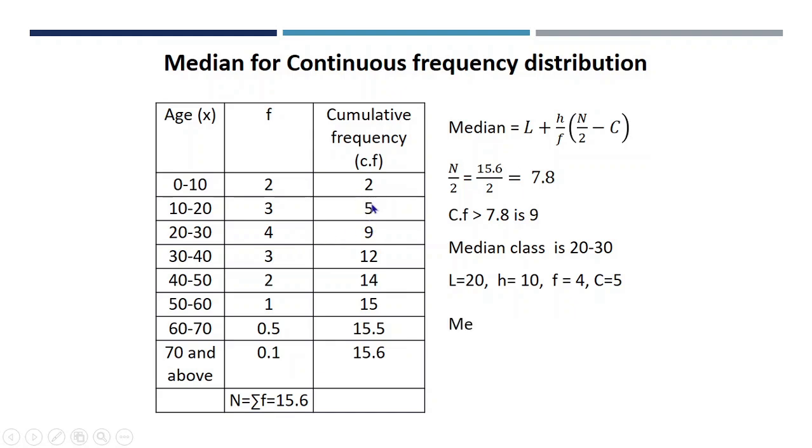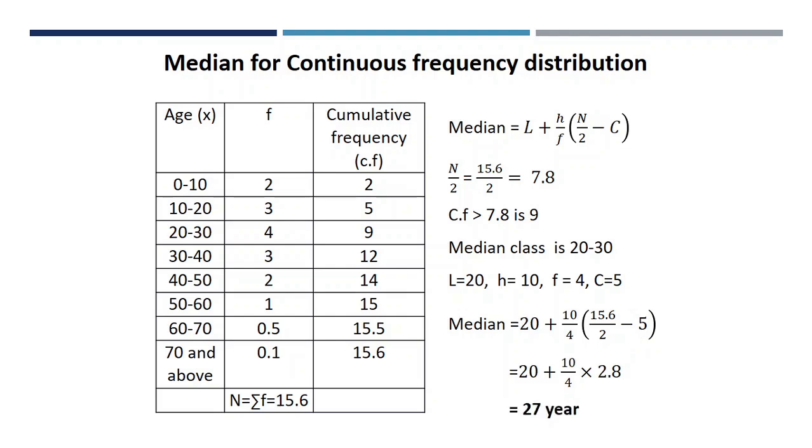So C is equal to 5. Now median is equal to, substitute the values, we will get 20 plus 10 by 4 into 15.6 by 2 minus 5, is 20 plus 10 by 4 into 2.8, which is equal to 27 years.